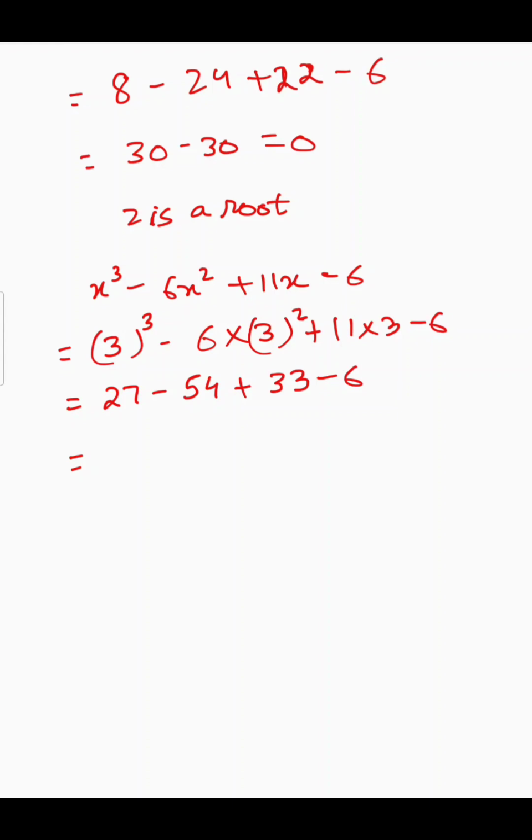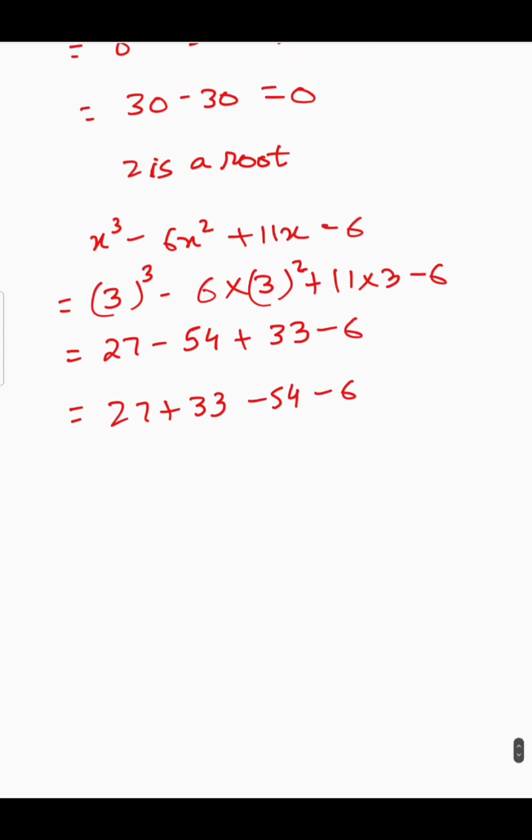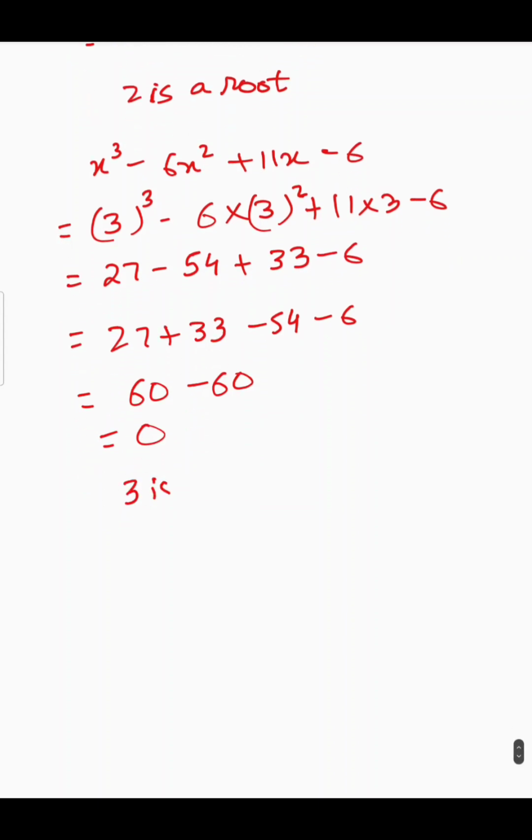If we add 27 plus 33 and minus 54 and minus 6, it will be 60 minus 60. So again 0. Therefore 3 is a root.